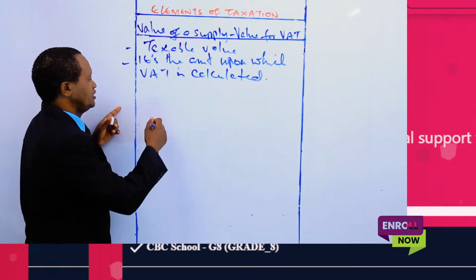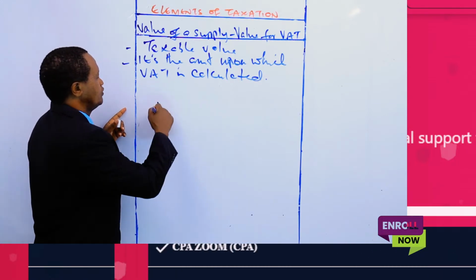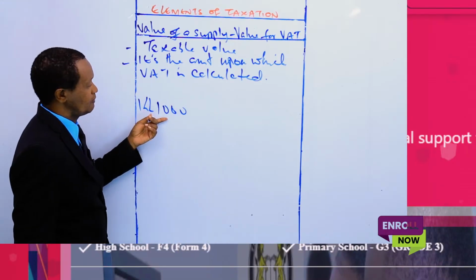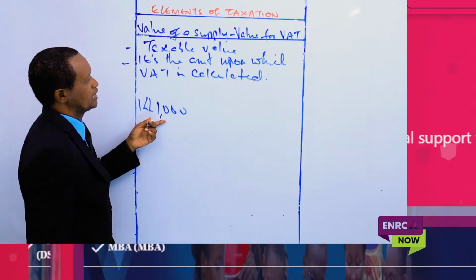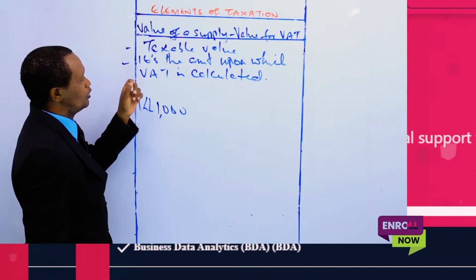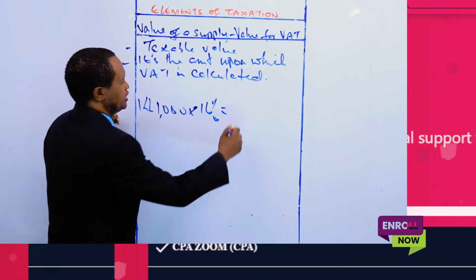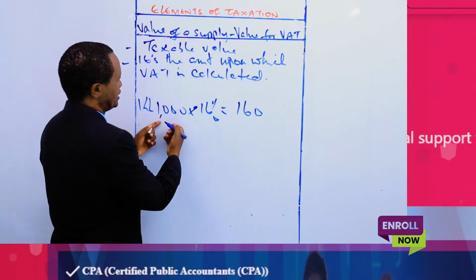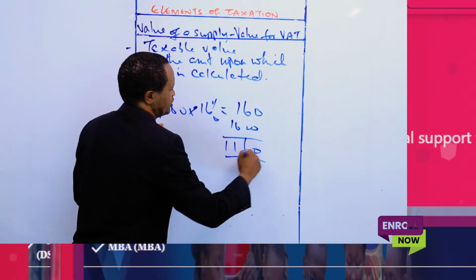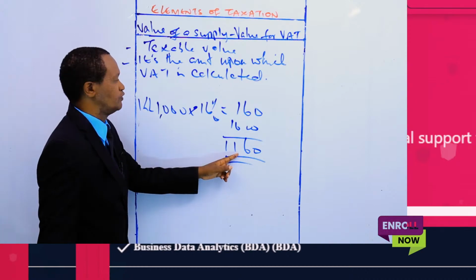So if a publisher is selling a book before VAT at 1,000 shillings, then this 1,000 becomes the taxable value, or the amount upon which VAT is calculated. So we apply the 16% VAT. The VAT here will be 160 plus the taxable amount of 1,000. So the total will be 1160.